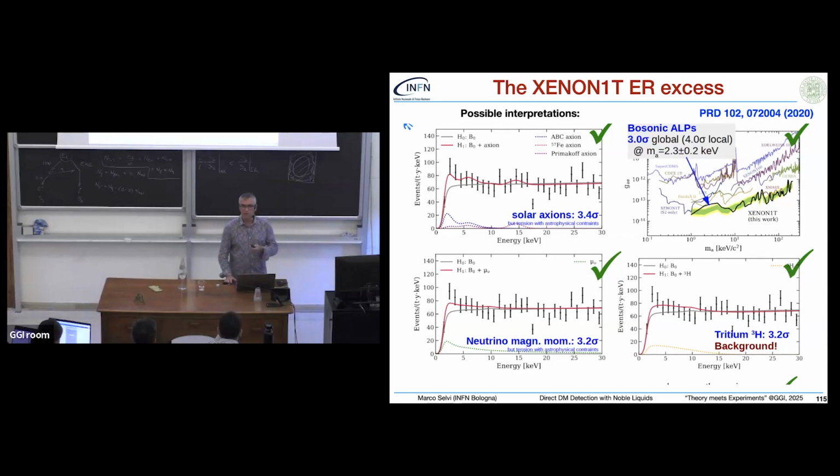When we had this result, the experiment was already dismounted. We were commissioning XENONnT, and so we dedicated the first search in XENONnT to prove the effect. So experimental particle physics is there to check any signal.